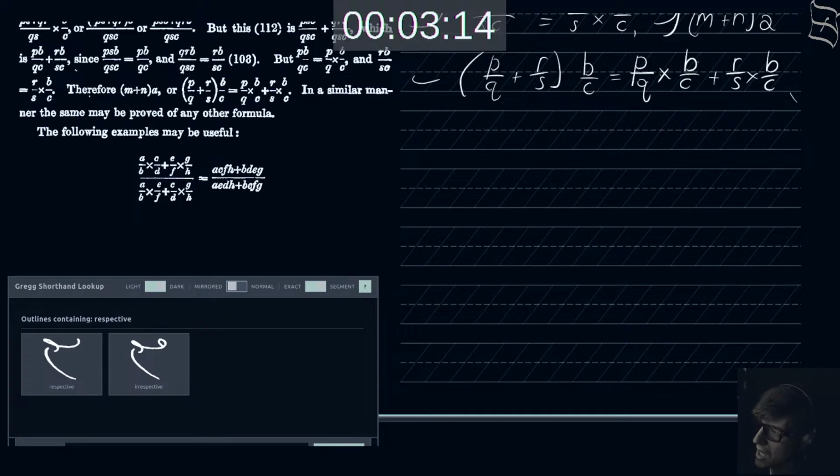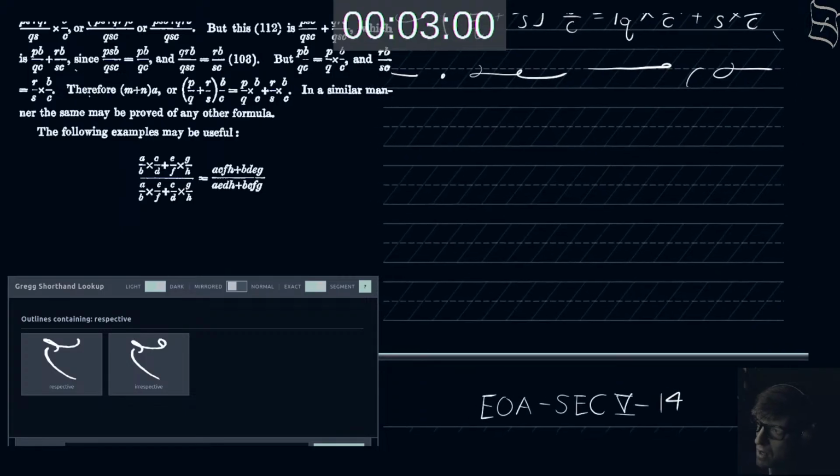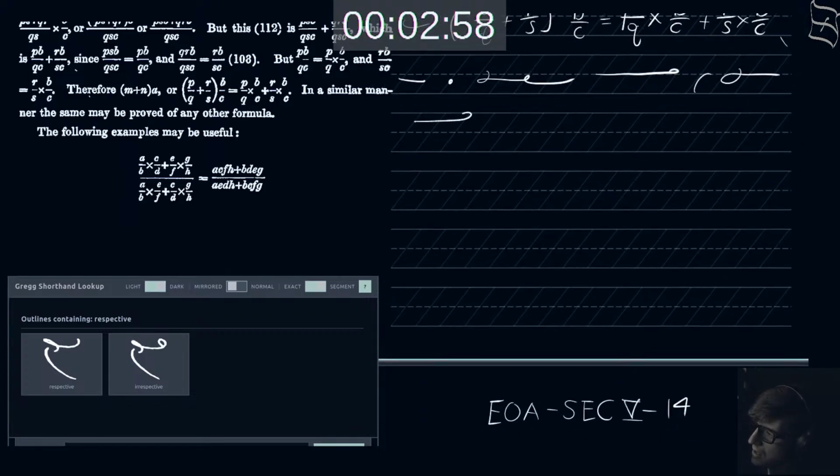Thank goodness. In a similar manner, the same may be proved for any other formula.